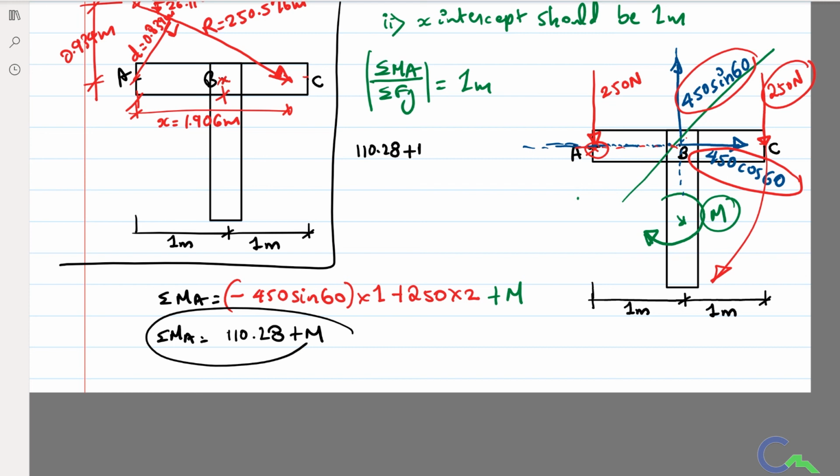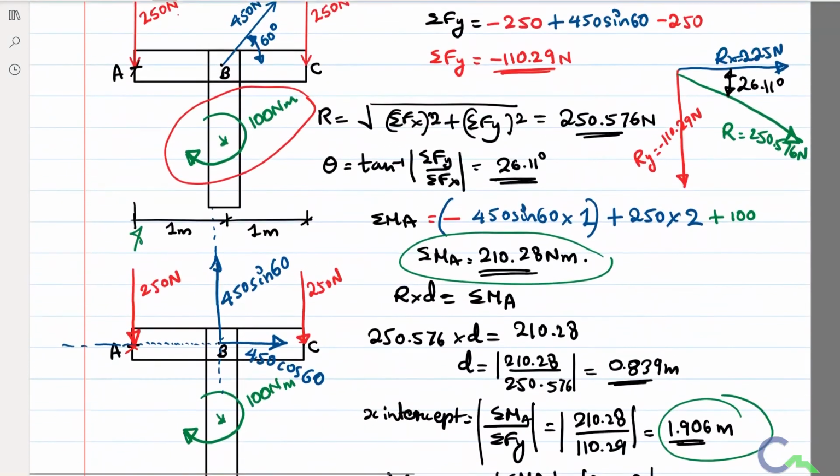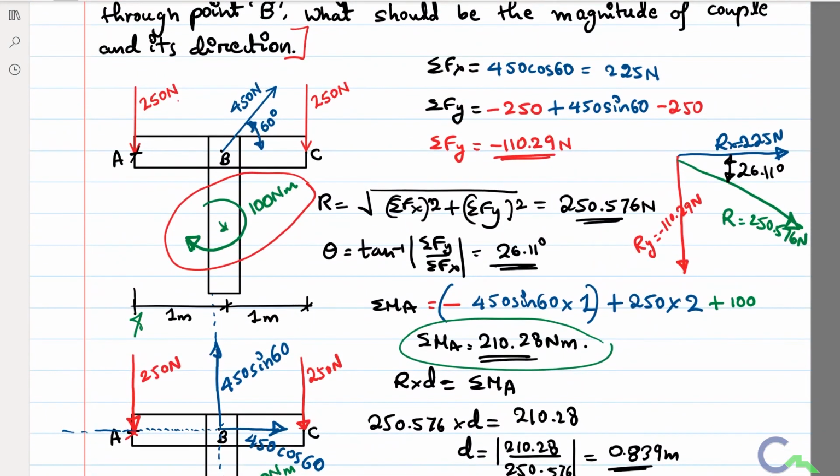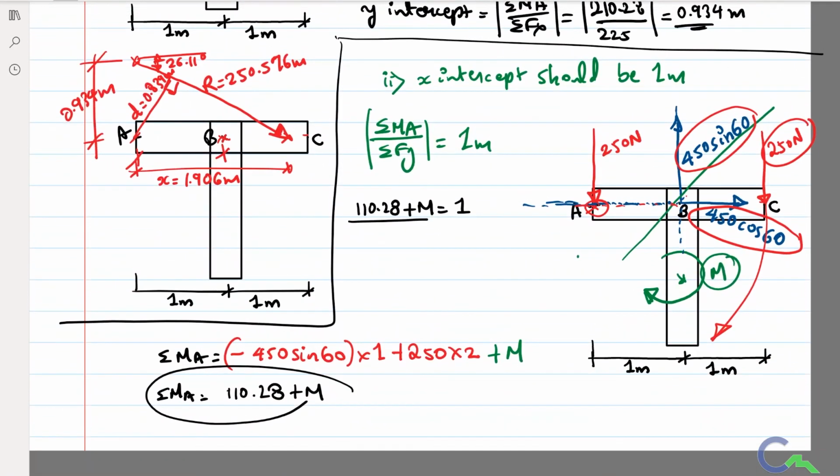So I will substitute this value here, that is 110.28 plus m is equal to 1 into sigma Fy we got here, that is 110.29. So if I simplify this one, that is 110.28 plus m is equal to 110.29, therefore m is equal to 0.